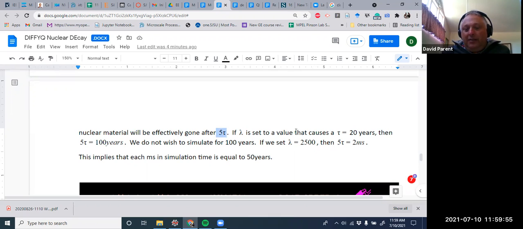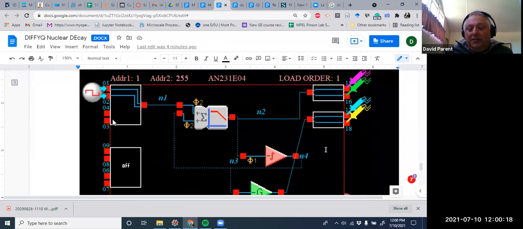If tau equaled 20 years, then my simulation would be 100 years. So if I set lambda equal to 2500, 5 tau would be 2 milliseconds, and I'd be able to get my solution a lot faster. Each millisecond is equal to 50 years.